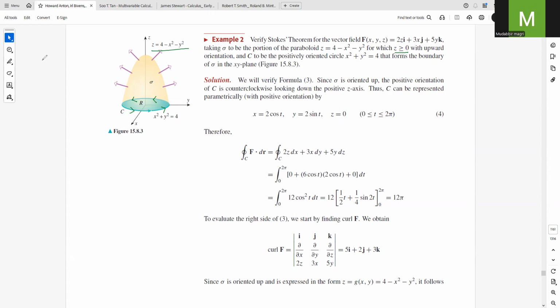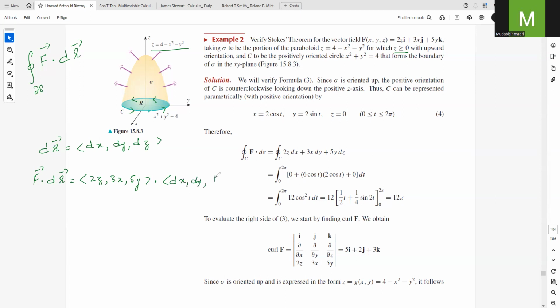So let's first consider the left hand side, which says the line integral over the boundary curve of F dotted with dr. dr is simply a vector having the components dx, dy, dz, and F dot dr means (2z, 3x, 5y) dotted with (dx, dy, dz).